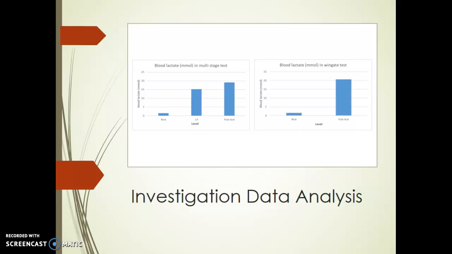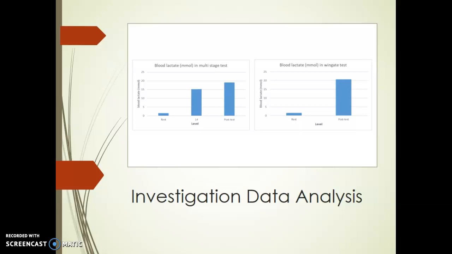The end result is around 19 millimoles per litre, which is quite high because the glycolytic system will be getting used much more frequently to produce more energy than before to try and keep the student at high energy. This shows that the more fit you are, the less acid will be produced.